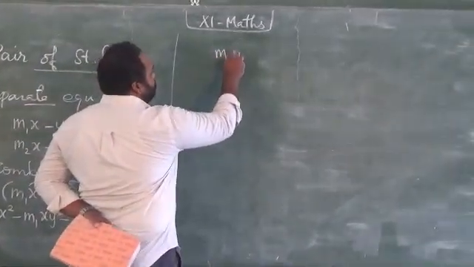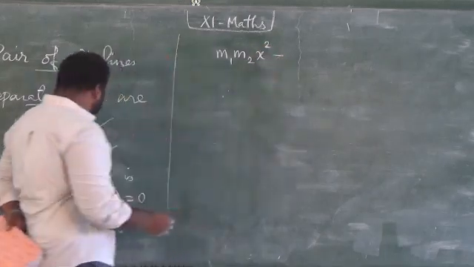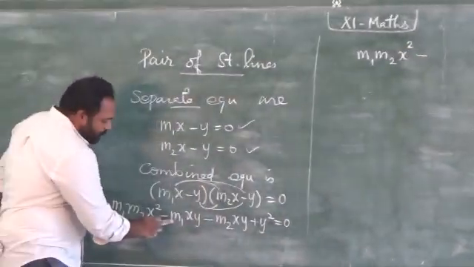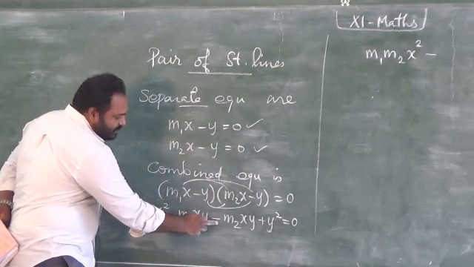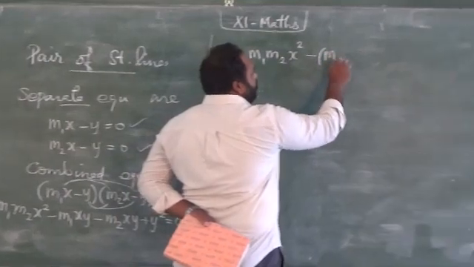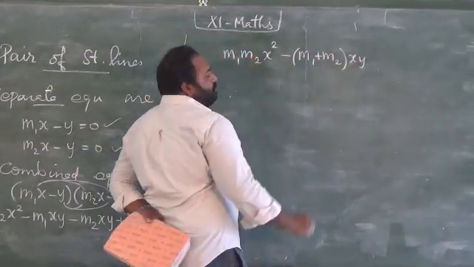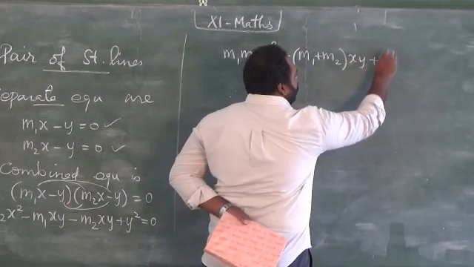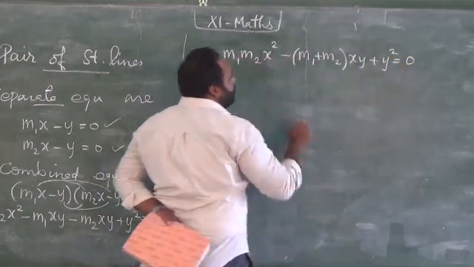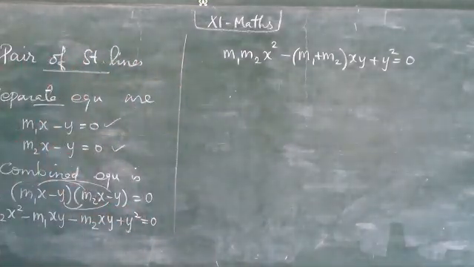So m1 m2 x square, and here we have minus m1 xy minus m2 xy. Commonly taking minus, then m1 plus m2 xy, then plus y square. So this is the general equation of a pair of straight lines, I mean the combined equation.